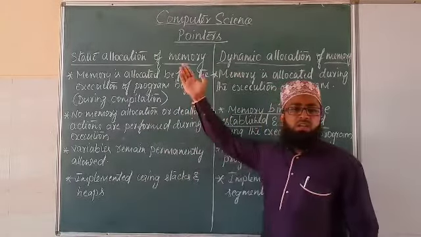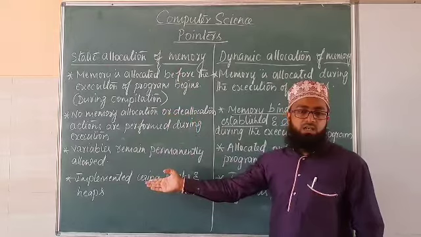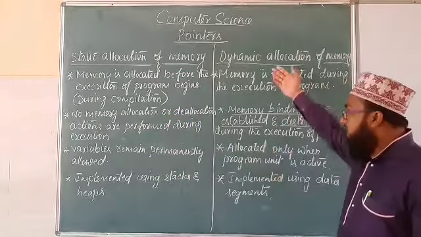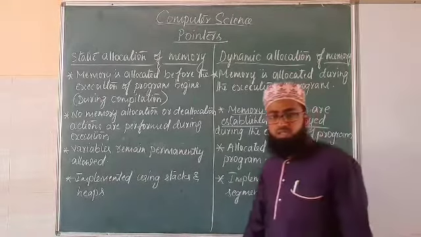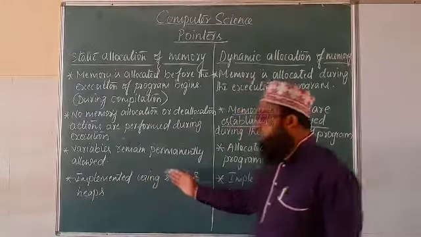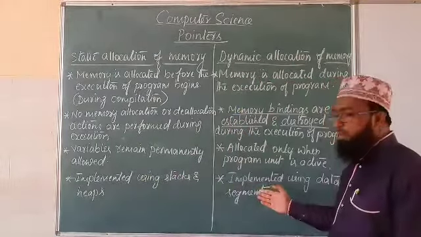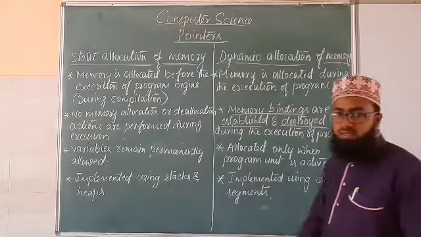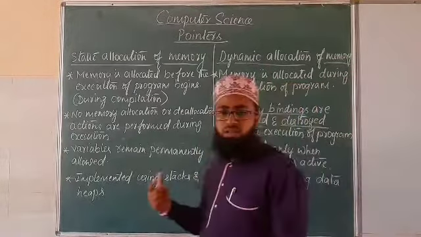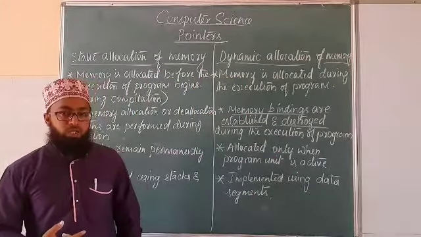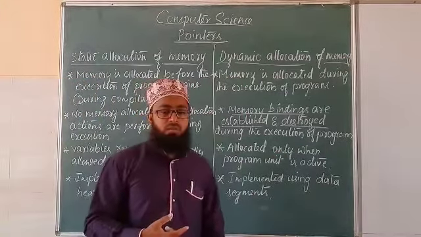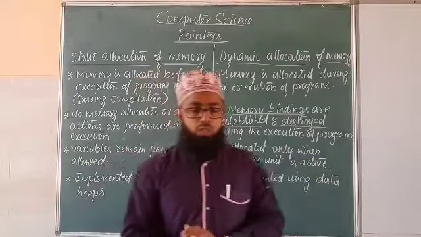Implementation means development of static memory allocation, and here implementation means development of dynamic memory allocation. This will happen using stacks and heaps, and this will happen using the data segments. So these are the few differences between static memory allocation and dynamic memory allocation.